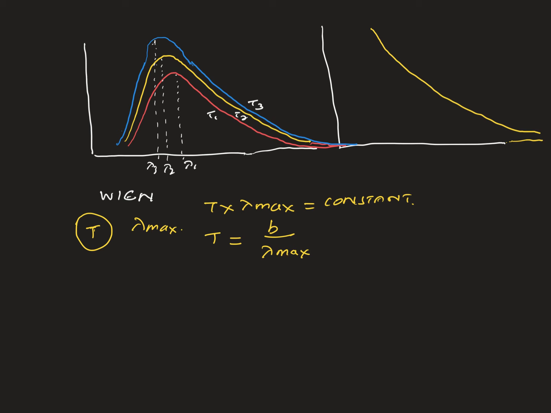So Wien was able to explain the point where we get the maximum intensity. But he couldn't explain the curve, why it goes up and comes down like that, because the old classical wave theory says that it keeps on going up.